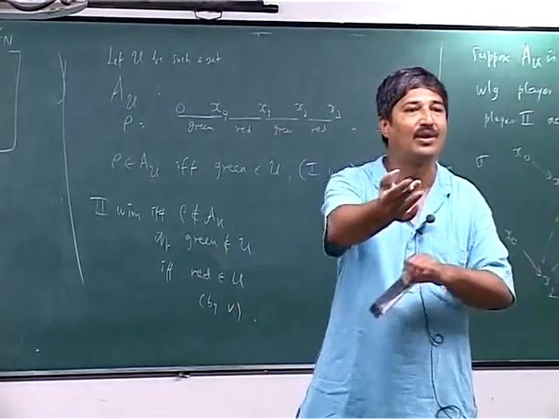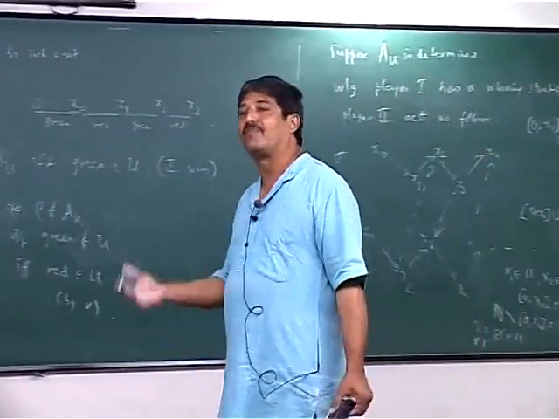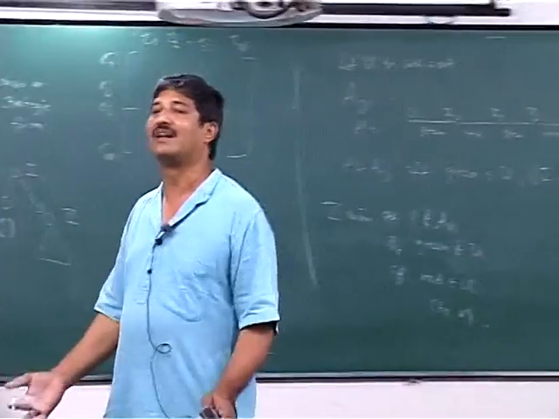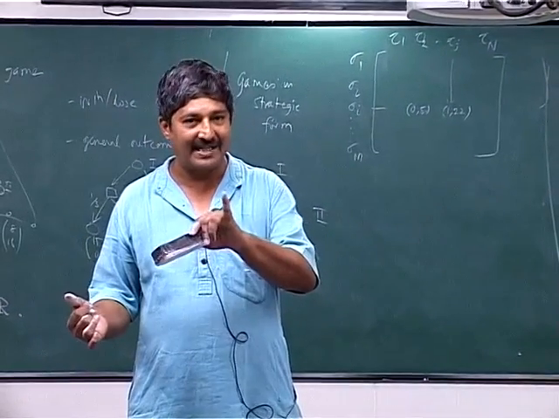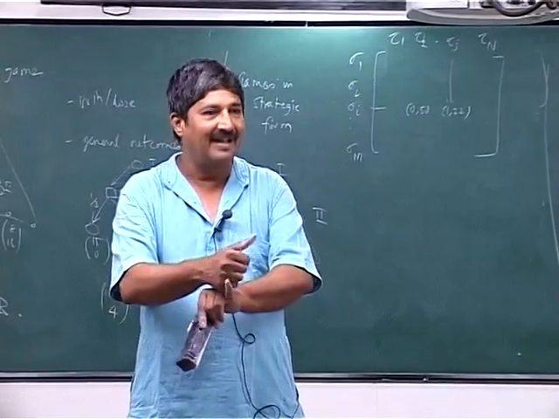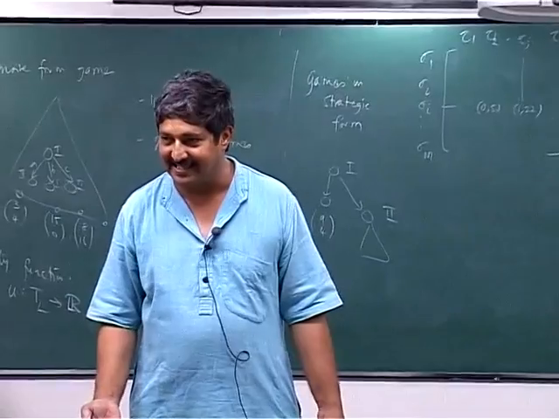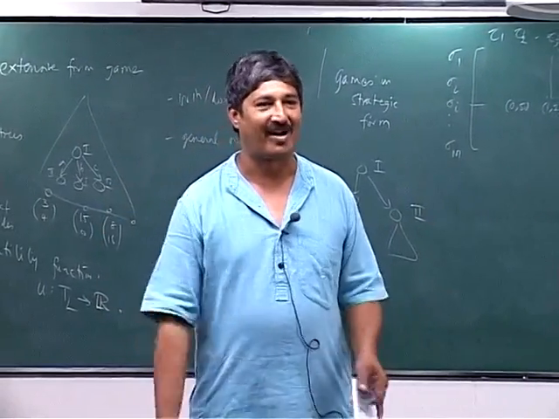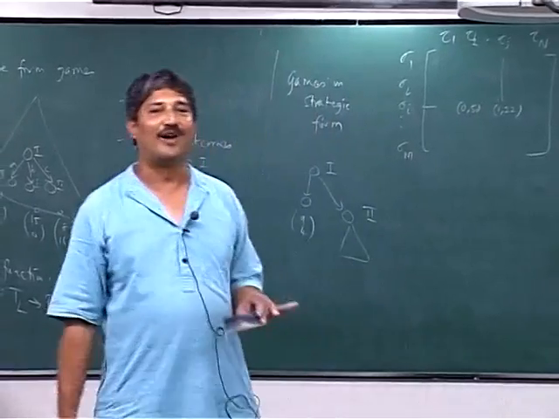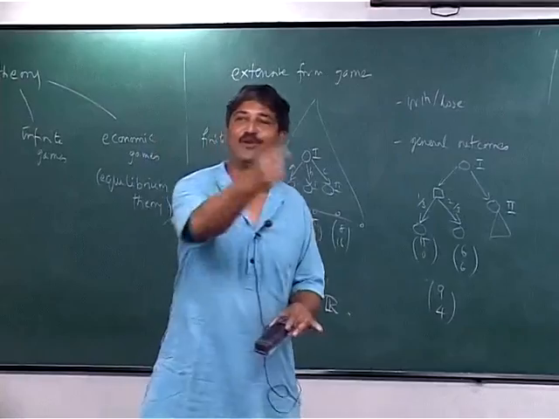So symmetrically, both are going to apply rationality assumptions, and now the idea of the theory is to predict what these rational players will do. So what is the notion of a rational player? A rational player maximizes utilities, assumes that every other player is rational, and assumes that every other player assumes that everyone is rational, and so on. This is what is called common knowledge of rationality: you are rational, you know I am rational, I know that you know that I am rational.